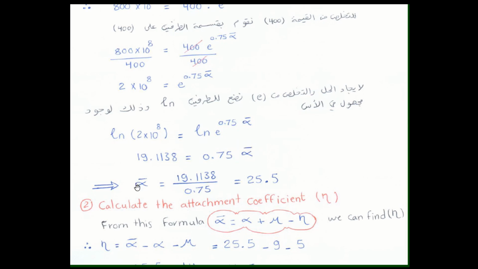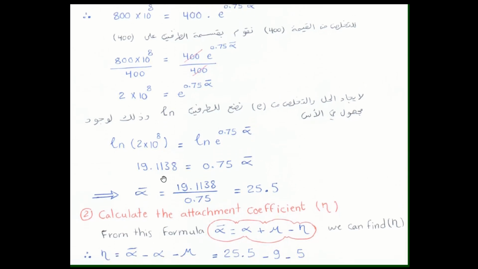After using ln on both sides because we have the unknown value in the power, we get the equation like this. So the net ionization will be equal to 19.1138 divided by 0.75. If you use your calculator, you will get the answer as 25.5.